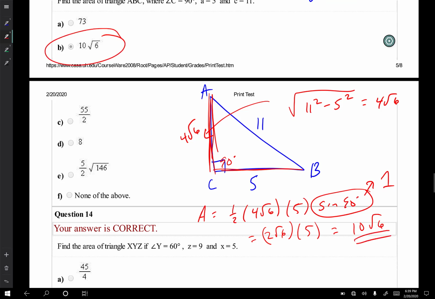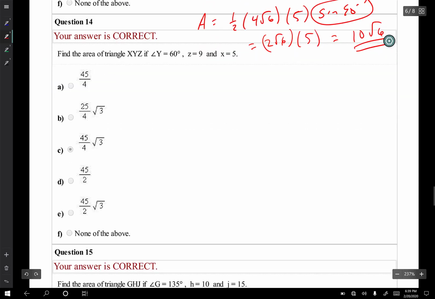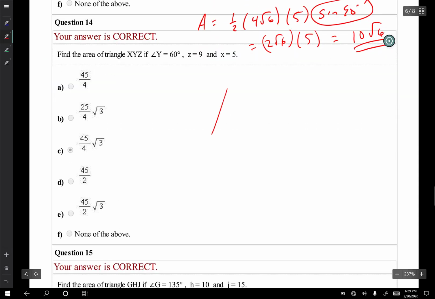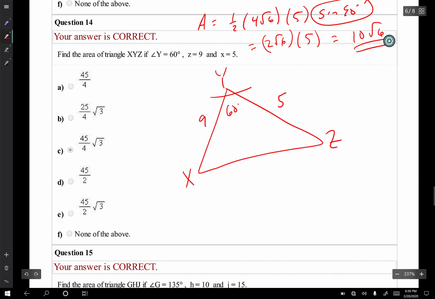Let's keep going. We got a few left. We have triangle XYZ. Angle Y is 60 degrees. Little z is 9, and little x is 5. It wants the area. They give me everything I need.